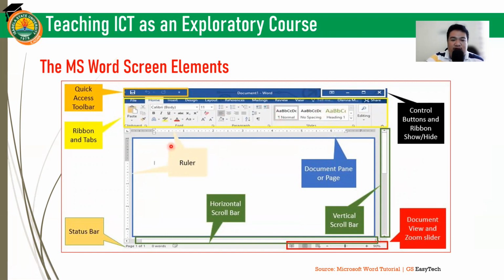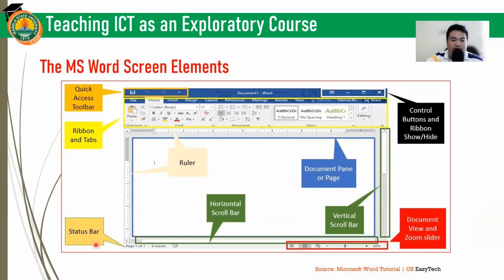Okay, we also have the ruler, the vertical and the horizontal ruler. We also have the document pane or page, the white space for the text area, our working area.